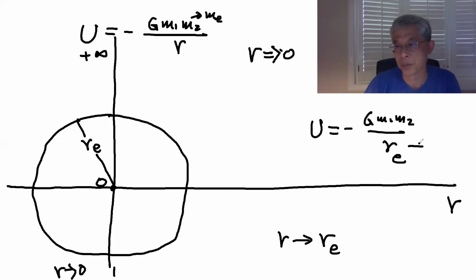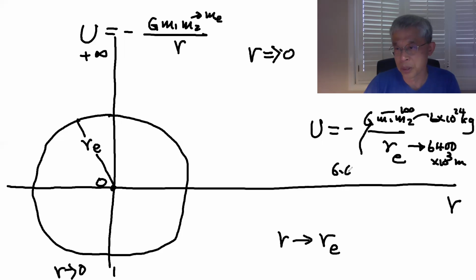RE is 6,400 times 10 to the 3 meters. M1 is your mass, so let's say you are 100 kilograms. M2 is the Earth's mass, which is 6 times 10 to the 24 kilograms. G is 6.67 times 10 to the negative 11. Then you come up with this in joules.